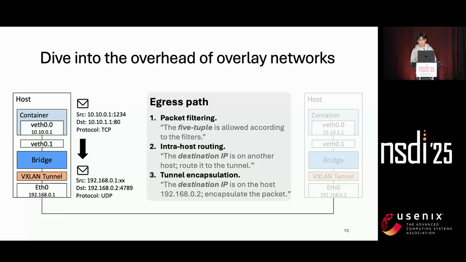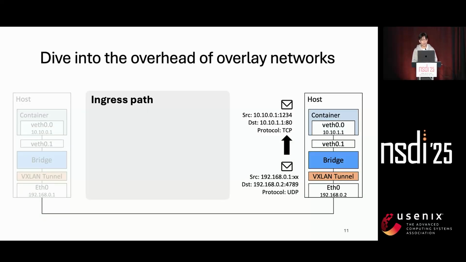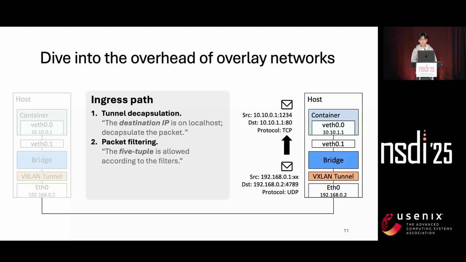And finally, the tunnel encapsulates the packet based on its destination and other tunnel configurations. On the ingress path, a similar process occurs. The tunnel first decapsulates the packet after verifying the destination IP is on its local host. The packet then undergoes packet filtering based on its FIB tuple and intra-host routing according to its destination IP. And finally, the packet is delivered to the target container.